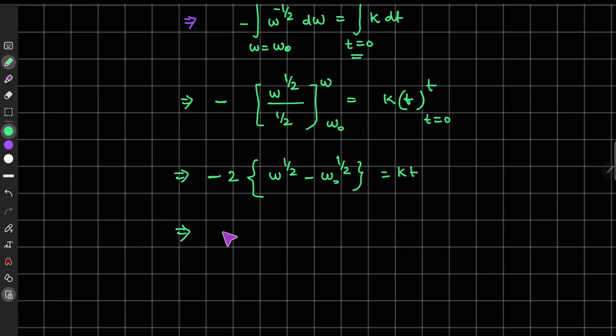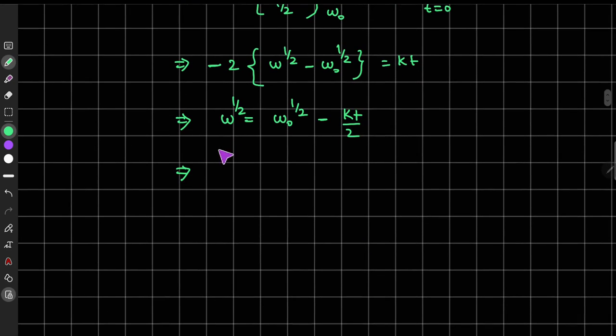From here we can write omega to the power half is equal to omega naught to the power half minus kt by 2. Squaring both sides, we get omega equals root of omega naught minus kt by 2, whole squared.